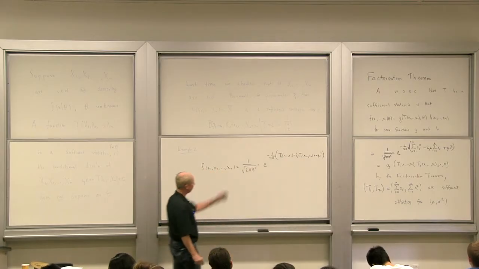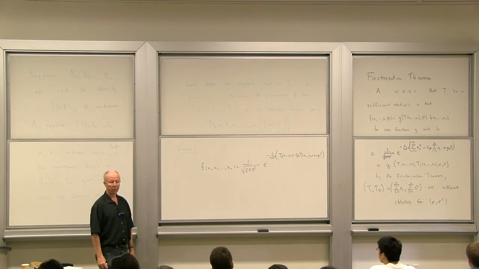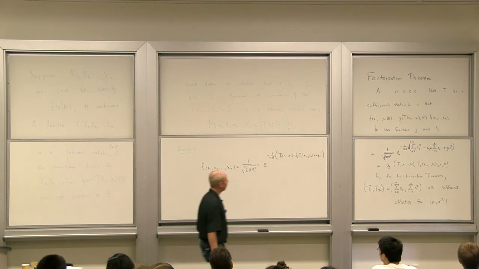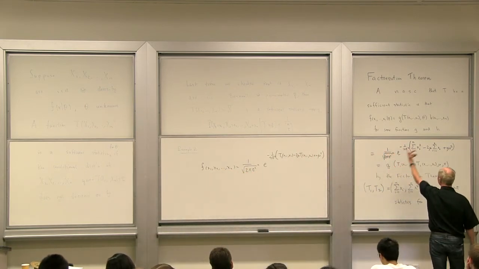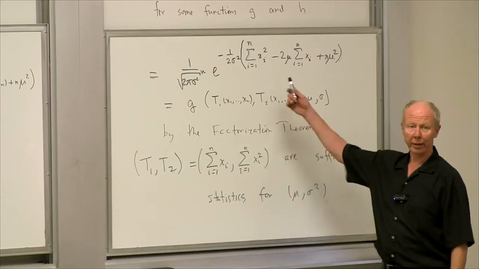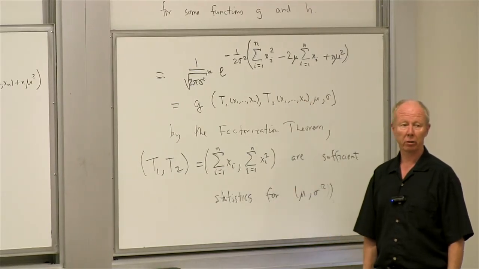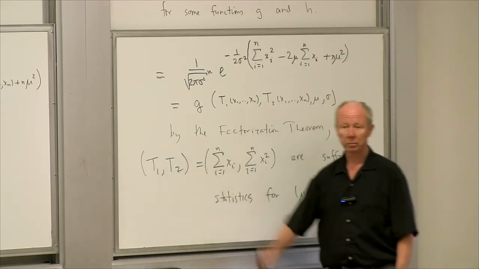See, only the functions of the data appear there. And so this parameter and that function T could be vector valued as well. And so we're applying it in the vector case, the two-dimensional case. Theta is the vector mu, sigma squared. Capital T is the vector T1, T2. Okay.